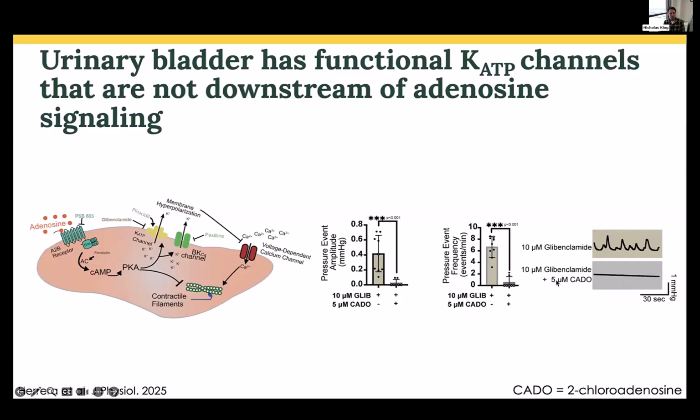So we blocked using 10 micromolar glibenclamide and then added adenosine back to the system, and the bladder was again completely relaxed in response to adenosine. So it's interesting that the bladder smooth muscle cells contain the KATP channel, it seems they contain the Kir6.1 and SUR2 subunits, but they don't seem to be sensitive to adenosine receptor production of PKA, at least in our hands.